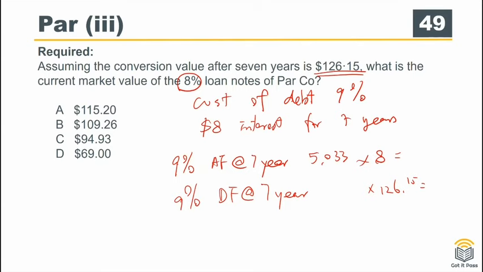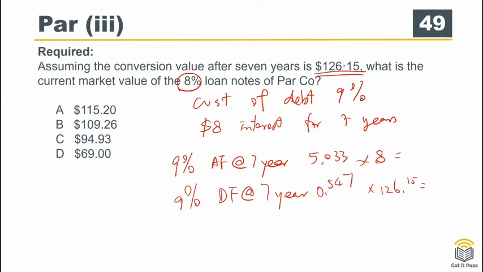For $126.15 per conversion value. And if you check the formula sheets given, the discount rate is at 9%. You will have 0.547.